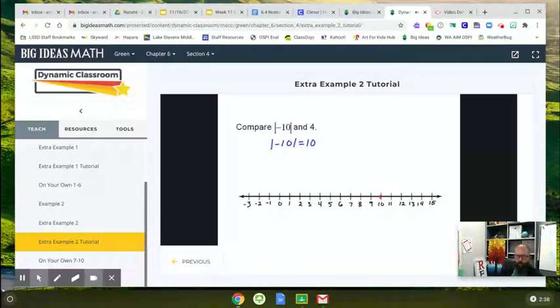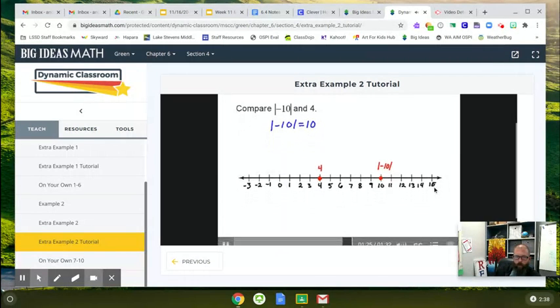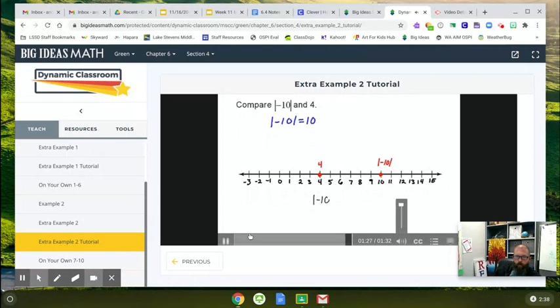So plot a point at 10 and label that point the absolute value of -10. The other number is 4, so plot a point at 4. The absolute value of -10 is to the right of 4. This means that the absolute value of -10 is greater than 4.